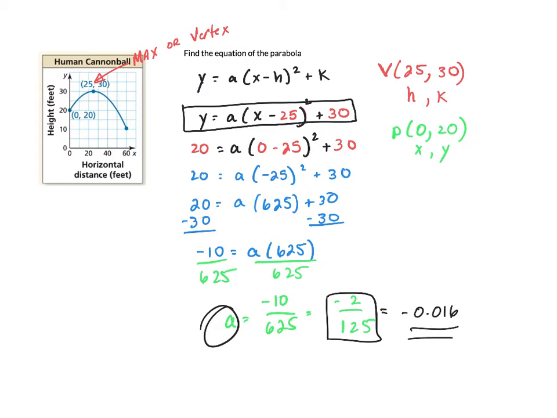But we just calculated what a is, and therefore we can write down what the a value is in our equation. Y equals, here comes the a, negative 2 over 125, or the negative 0.016, either one. x minus 25 squared plus 30.